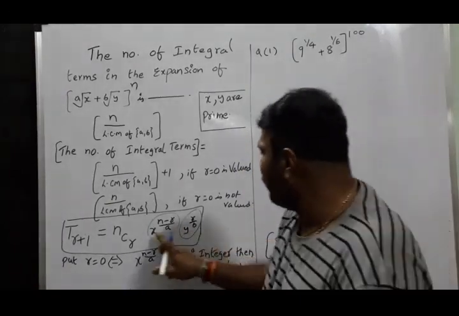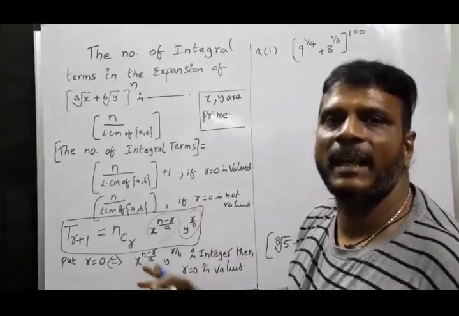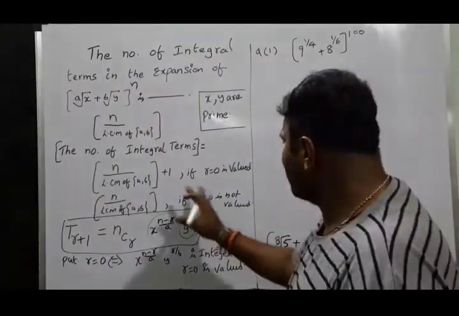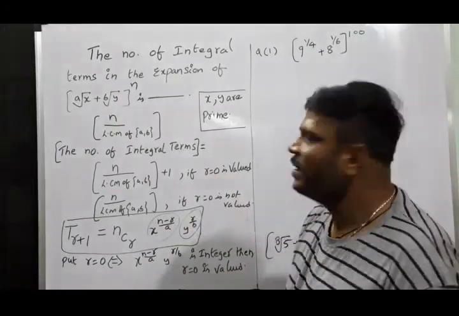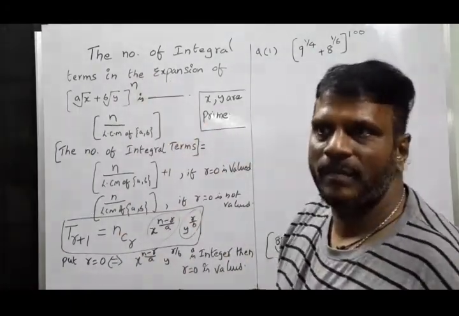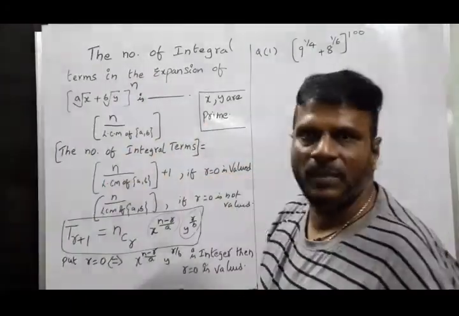If both the terms have non-integral powers, then r = 0 is not valid. This is the working rule, so you have to learn this formula by heart.